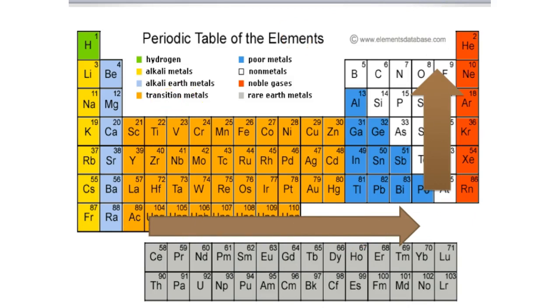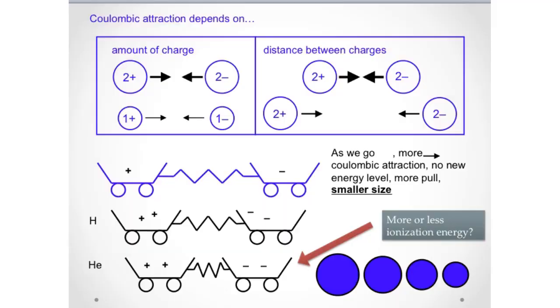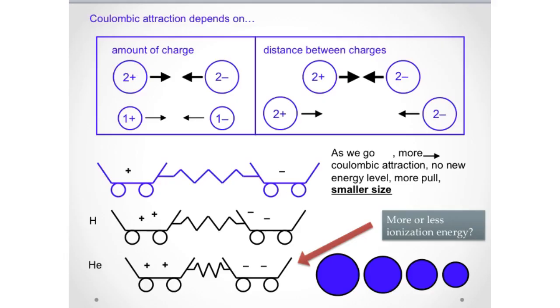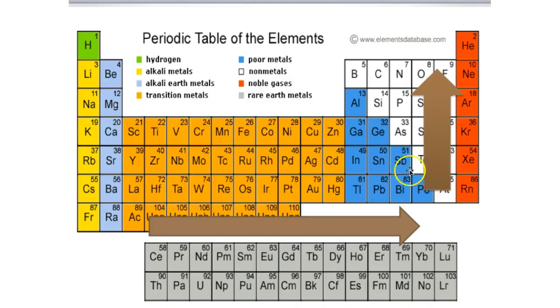Okay. And I want us to go back to this idea of Coulomb's law. The question here is why? Why is it that as you move up, you need more energy to remove an electron? Well, it always goes back to Coulomb's law. As we move up the periodic table, we learn that the size shrinks.